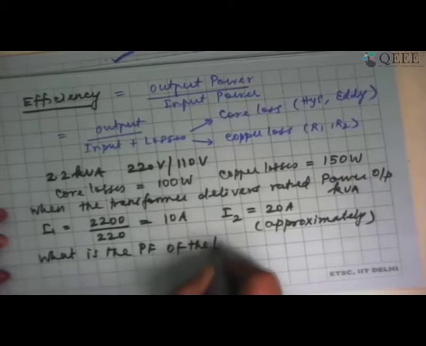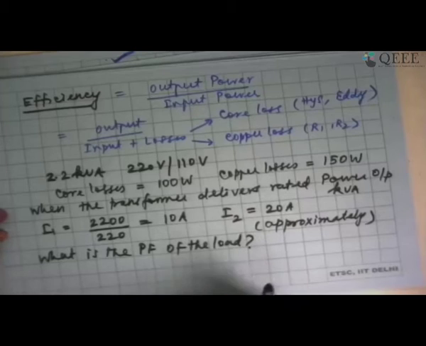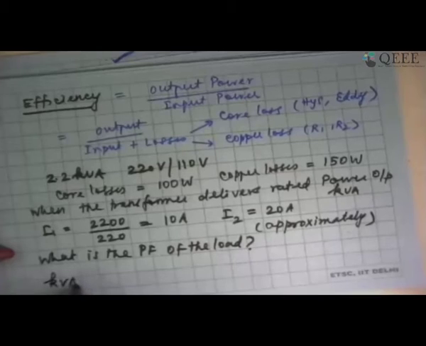I would like to mention one point here. Any machine which is giving the output in the form of electrical output, like a synchronous generator or a transformer, or if I am using an induction machine as an induction generator, all of them, the output will be specified in the form of kVA.